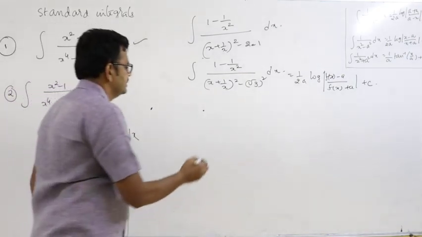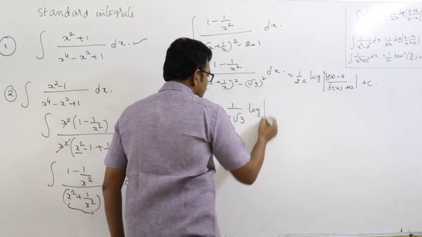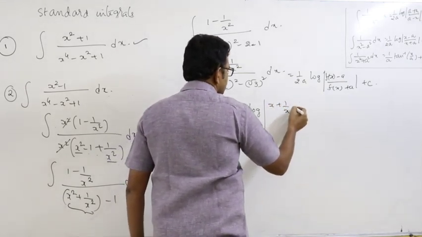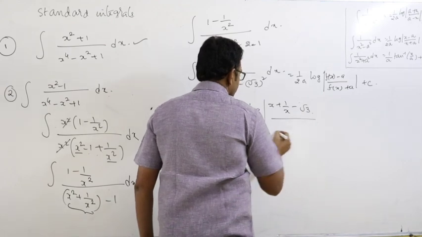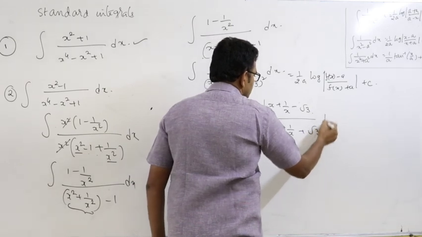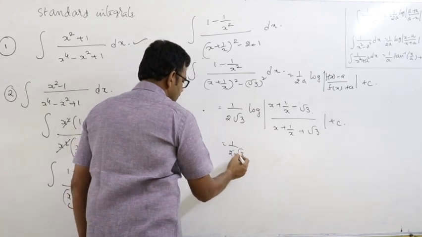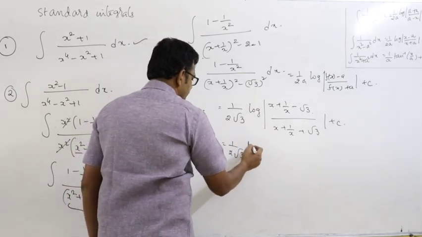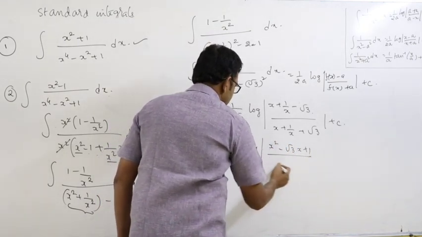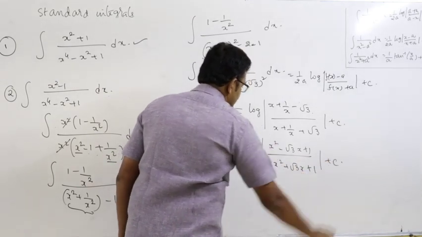That is equal to 1 by 2a log mod of x plus 1 by x minus root 3 by x plus 1 by x plus root 3 plus c. So 1 by 2 root 3 log of mod x square minus root 3x plus 1 by x square plus root 3x plus 1 plus c.